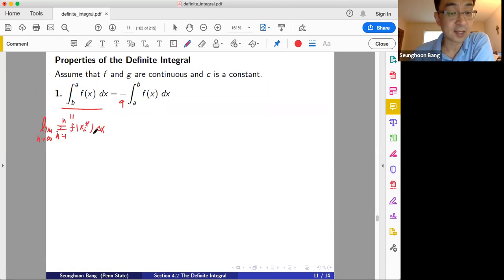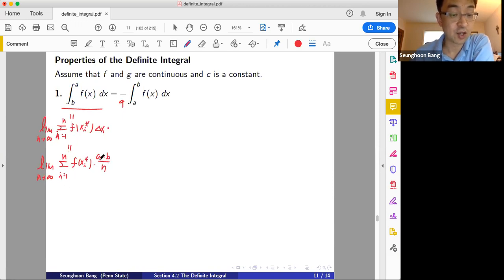What's delta x? Delta x is the upper limit minus the lower limit over n. So this is the same as the limit as n approaches infinity of the summation i equals 1 to n of f of xi star times upper limit minus lower limit over n.